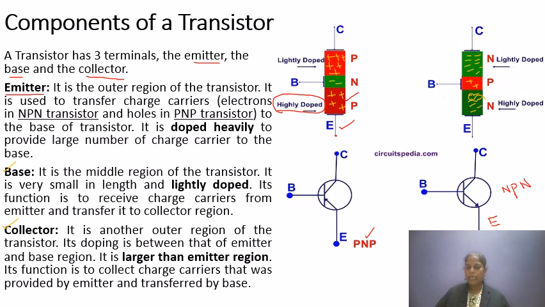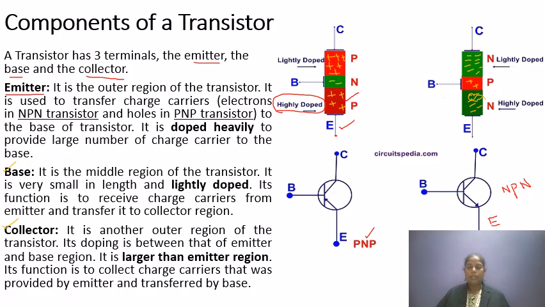In the case of PNP, it is doped by holes; in the case of NPN, the emitter and collector are doped by electrons. Coming to the size, the collector is larger but lightly doped. The emitter is a little bit smaller than the collector but heavily doped. So the size and the doping will differ. Let's keep it in mind.